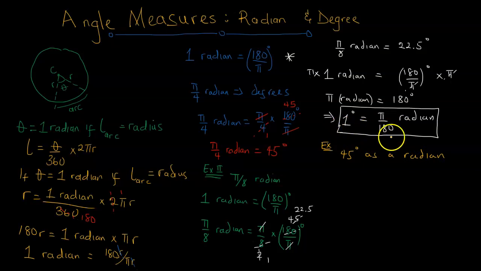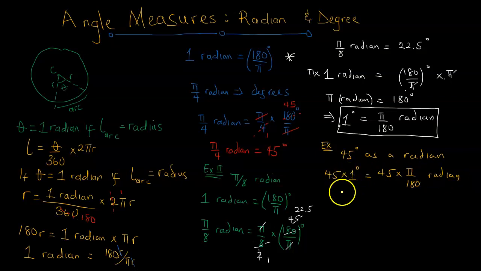Going by this equation here, if 1 degree equals pi over 180 radian, multiplying the left side by 45 will give 45 times 1 degree. And of course, since the left has been multiplied by 45, the right also must be multiplied by 45. So this is going to give 45 times pi over 180 radian.